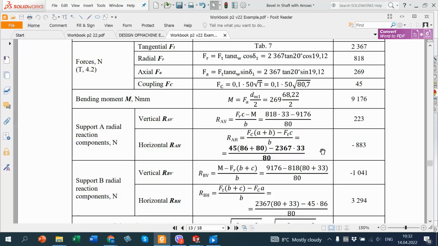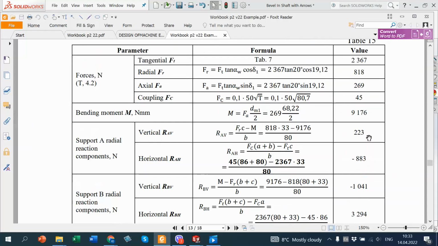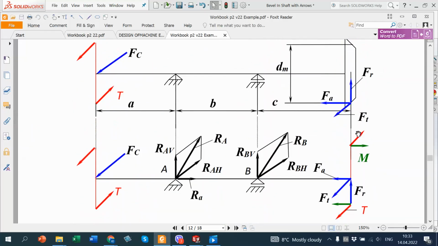Then, what you should pay more attention, that sometimes forces are negative. You see here two negative results. It means that this force has direction opposite to those we selected preliminary. You see we have reactions A vertical, A horizontal, which are directed like this.